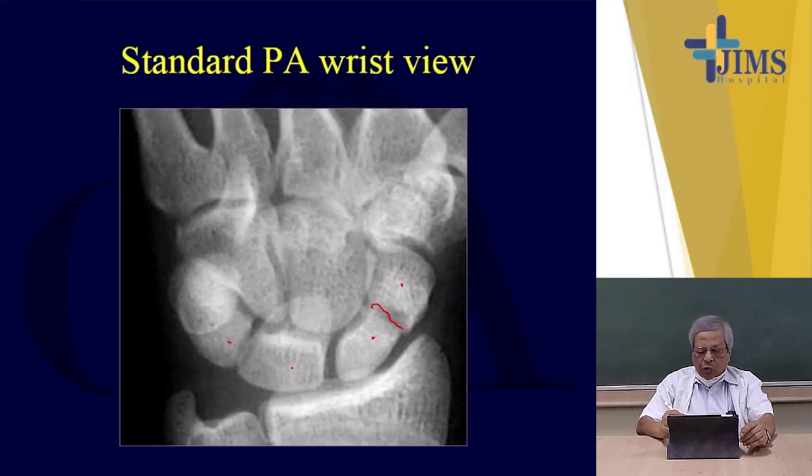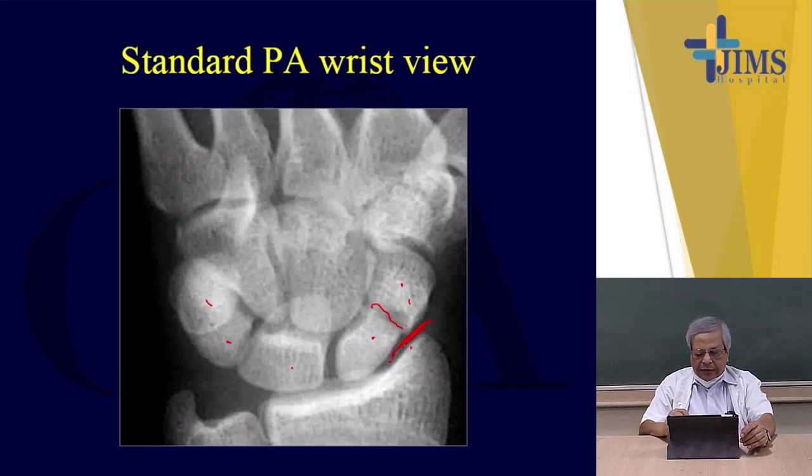This may not be so clearly visible in the initial X-rays because there is not much displacement. The simple reason is all these 8 carpal bones are very tightly arranged in the wrist joint. There is not much place. The radiolucent area that you see here is due to the presence of the articular cartilage, which is radiolucent.